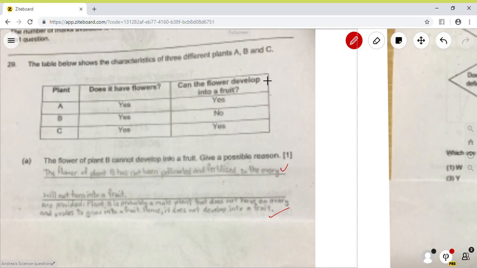But the question is not about pollination. Even if there are bees and butterflies that do the pollination, this flower will not develop into a fruit. No matter what happens, why is it that this flower will not become a fruit?